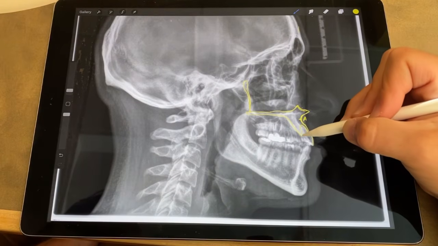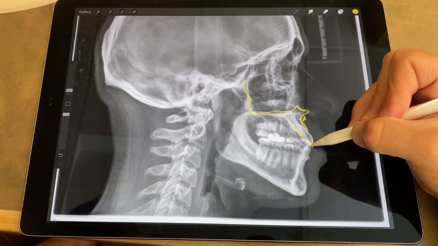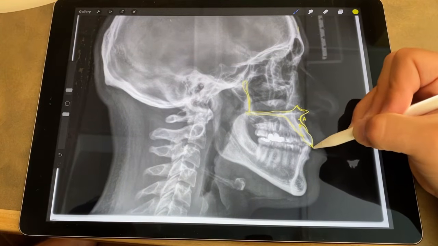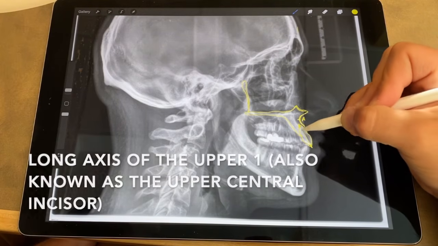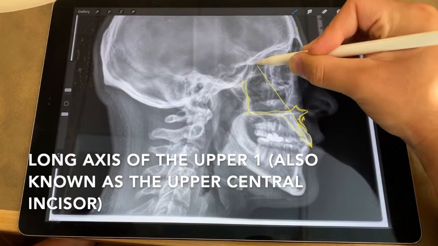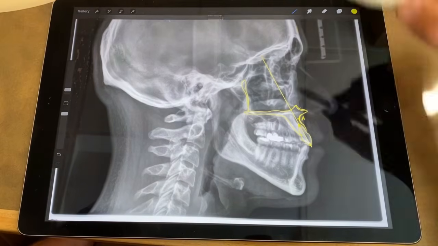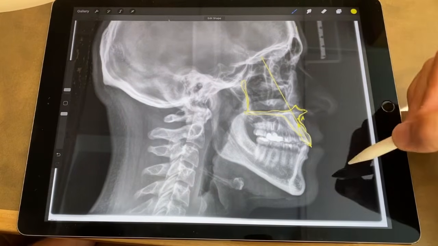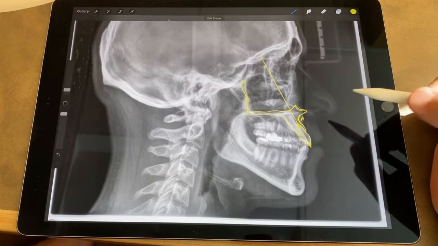What's important here really is the long axis of the tooth, meaning the very tip of the tooth and the apex of the tooth following the long axis. That's important because we're eventually going to draw a long axis line that'll look just like that. That shows the long axis, so I can measure the angulation of that tooth. So that's everything for our maxilla.